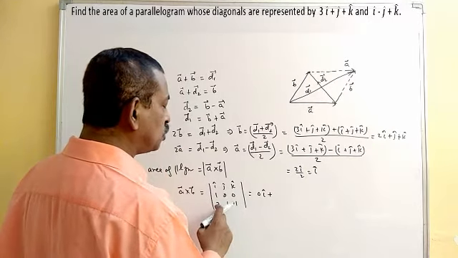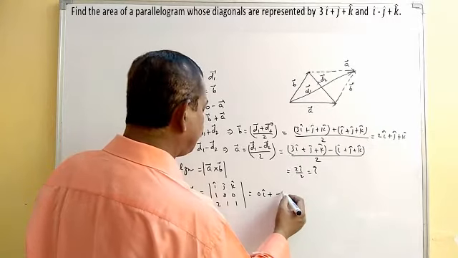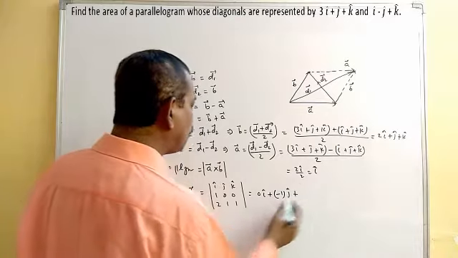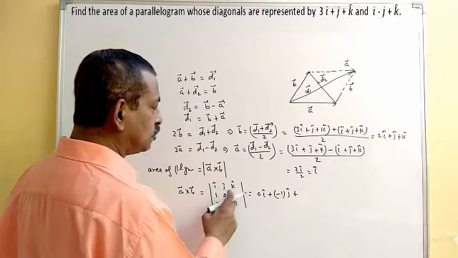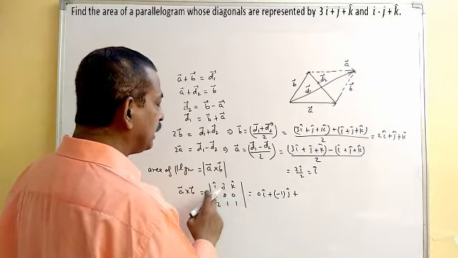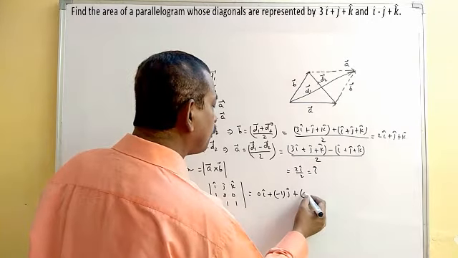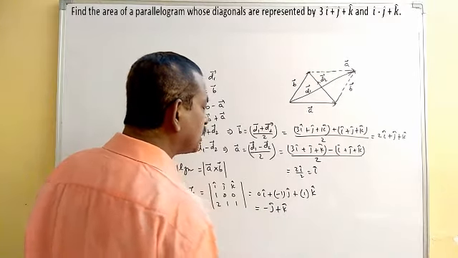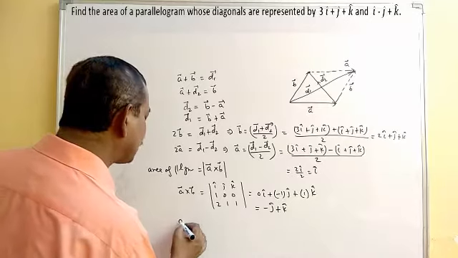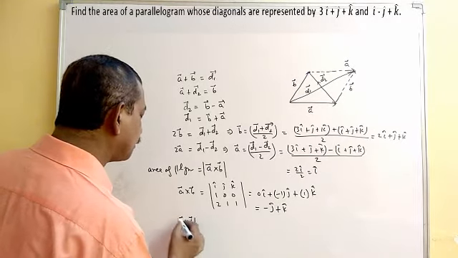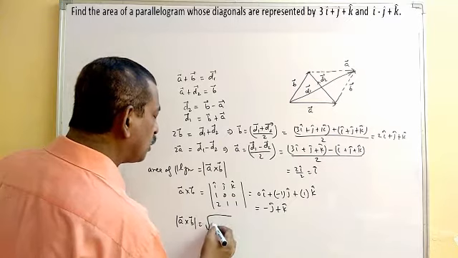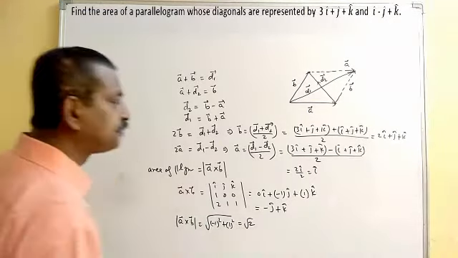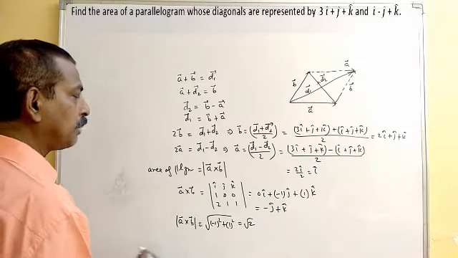For the second term, j, it is 0 minus 1. And for k, it is 1 minus 0, that is 1. So that means this is minus j plus k vector. Now if you take its magnitude, how much will it be? The square root of minus 1 square plus 1 square, that is root 2. So this is the area of the parallelogram.